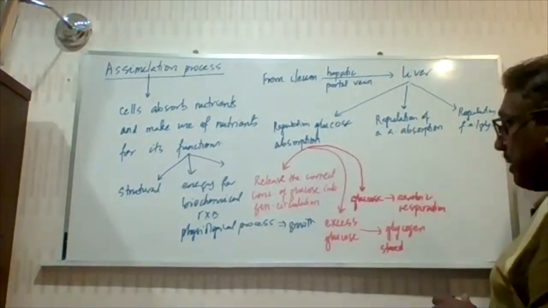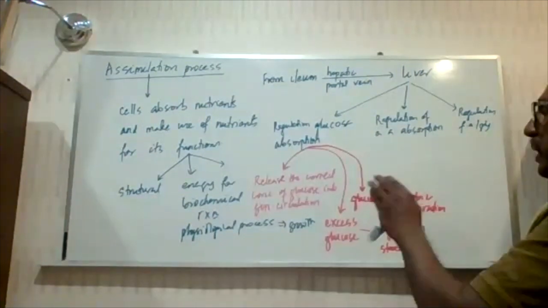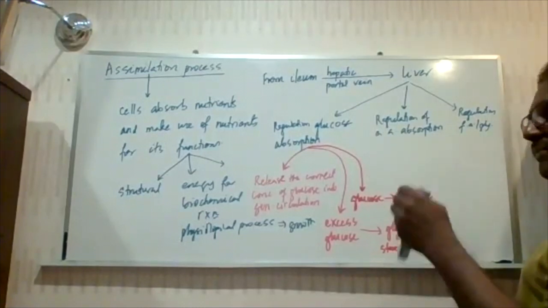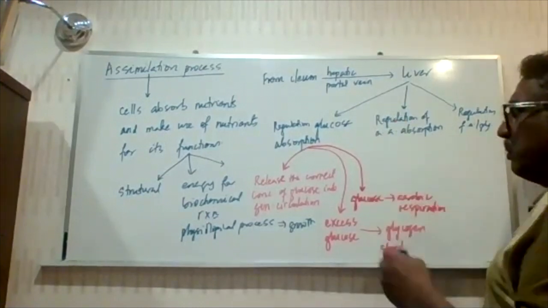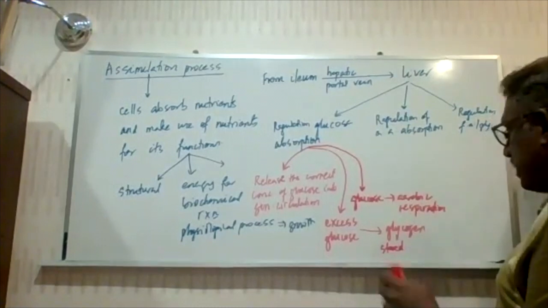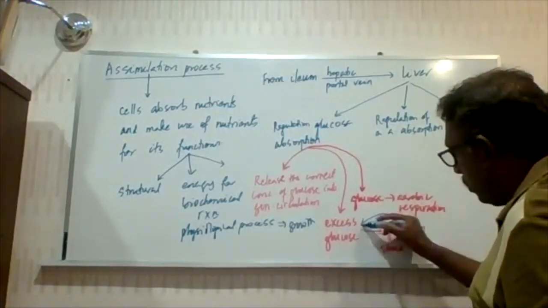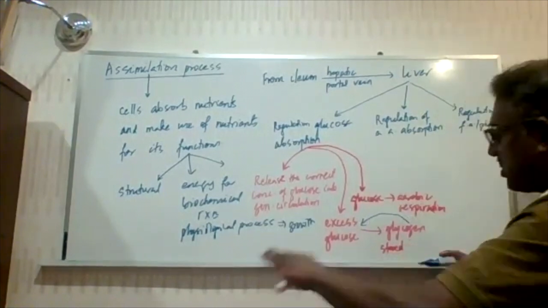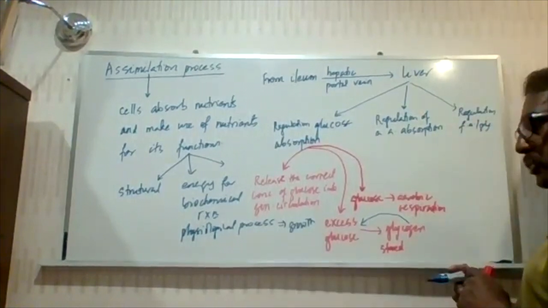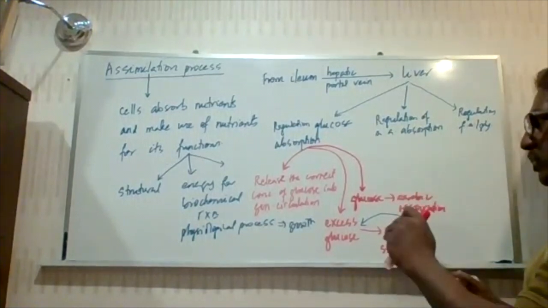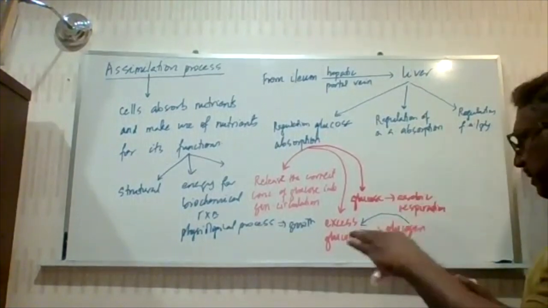Now, you must also remember, assimilation is not only what it does with the excess glucose. What happens if the glucose level in the blood falls? Then the glycogen that's stored in the liver will be converted to glucose and released into the general circulation, to ensure that the concentration of glucose is always maintained at the right amount.